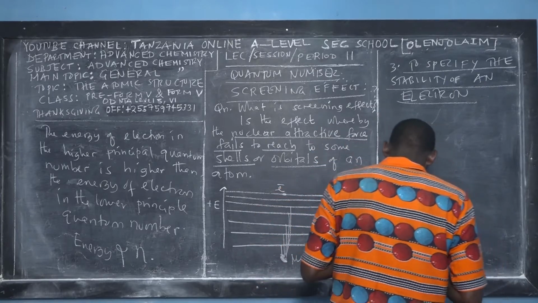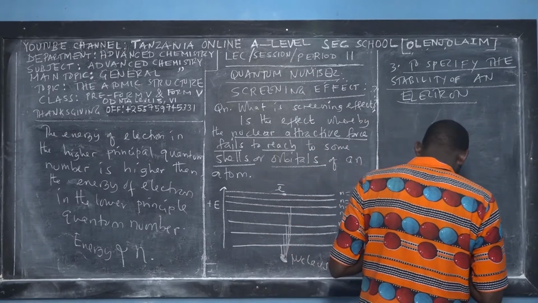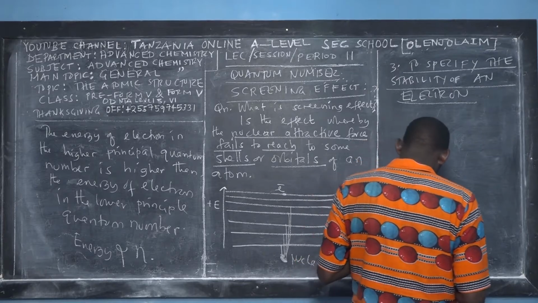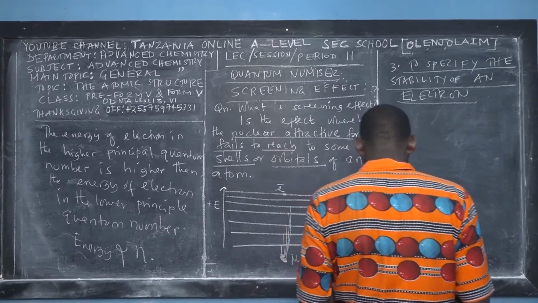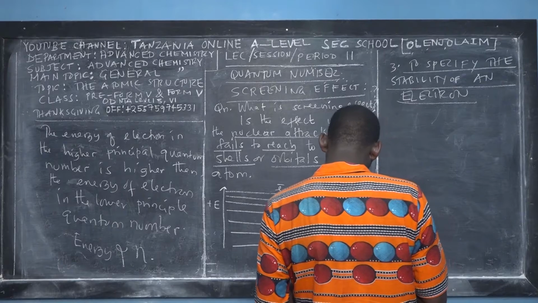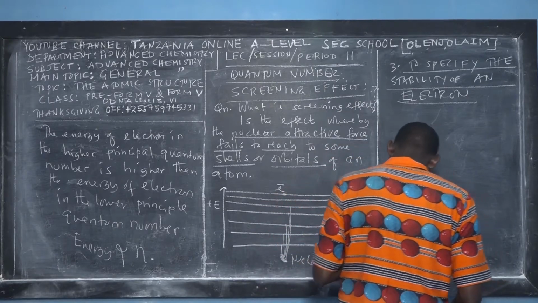An electron in an orbital with a greater value of n is weakly held by the nuclear attractive force, making it easier for it to be removed from an atom, and hence that electron has higher energy and is unstable.